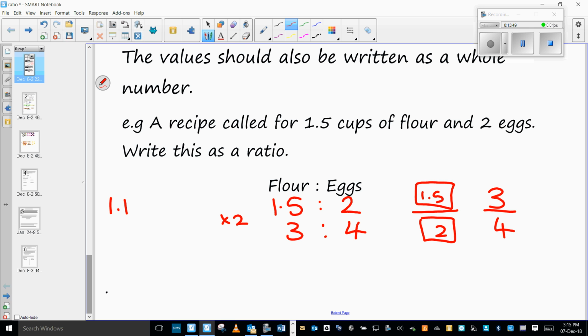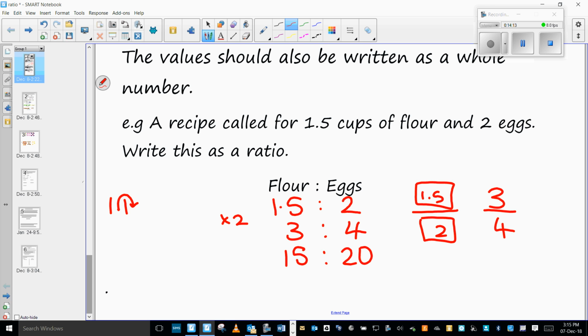Why would multiplying this by 10 make it a whole number? Because your decimal place will have to go by 1. Awesome. Our decimal point moves one place, wouldn't it? So our 1.1 would now become 11. Yes? So do remember that to make something a whole number, you could multiply it by 10. So this would become 15 and 20.